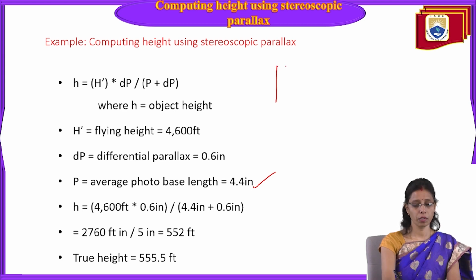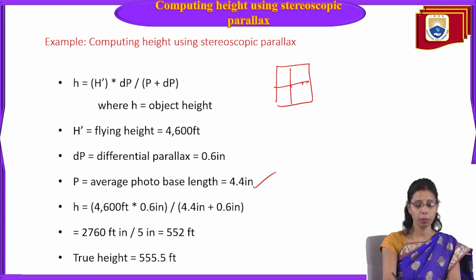That is from principal point to conjugate principal point in photo 1, and in photo 2, principal point to the conjugate principal point in photo 2. So here PP to CPP, PP to CPP. This distance from here to here we have to find out.